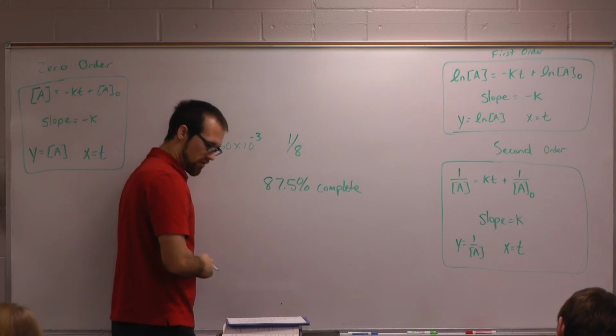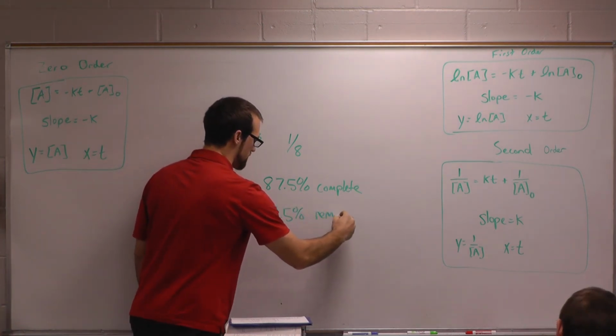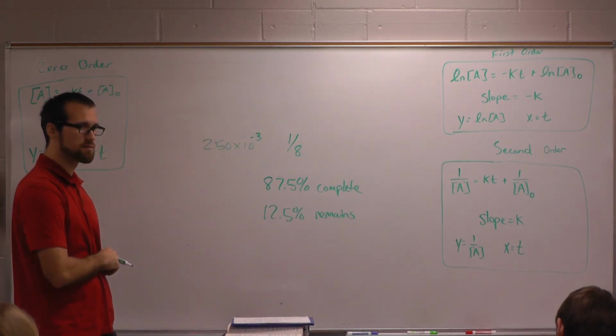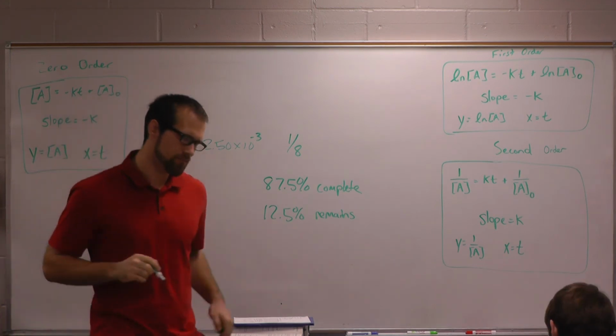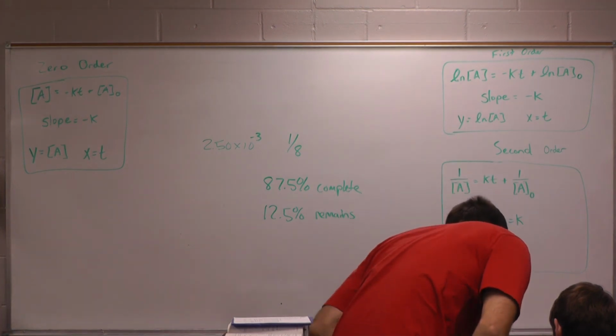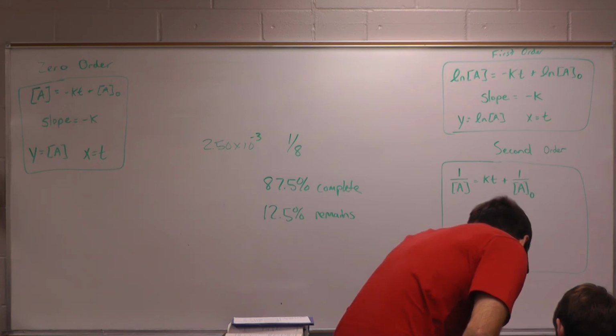Or another way you could say it is 12.5% remains. Make sense? I'm guessing if you take the ratio of this to your initial concentration, you would see that's 1/8 of it.